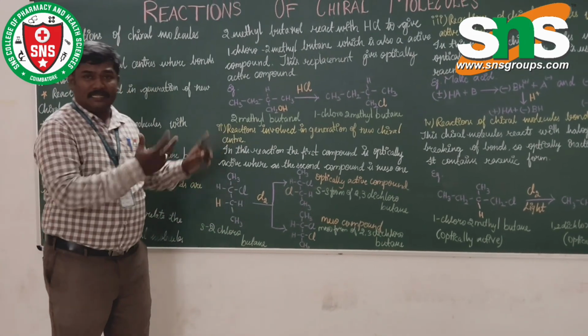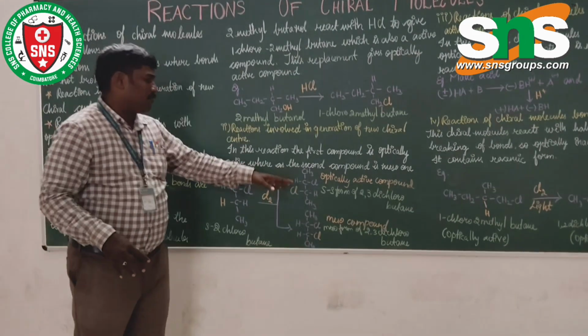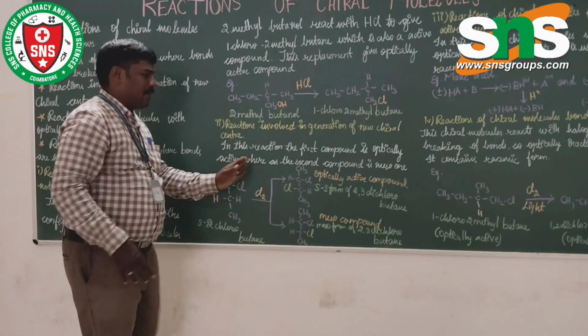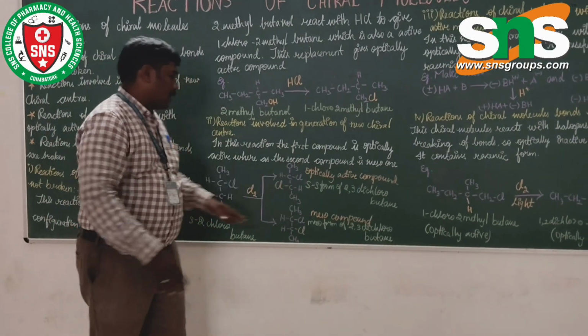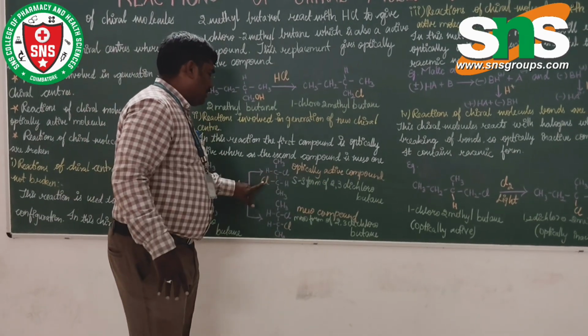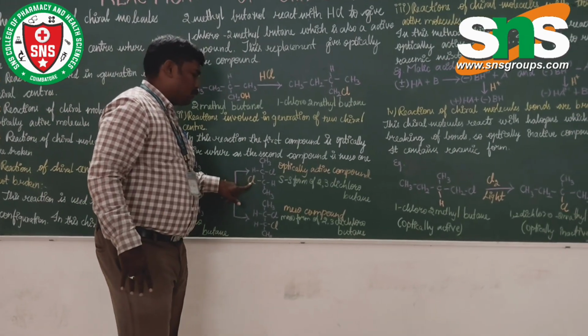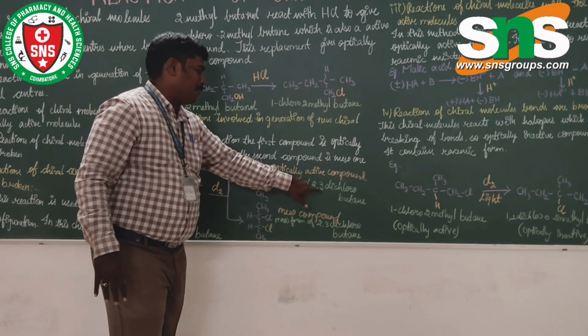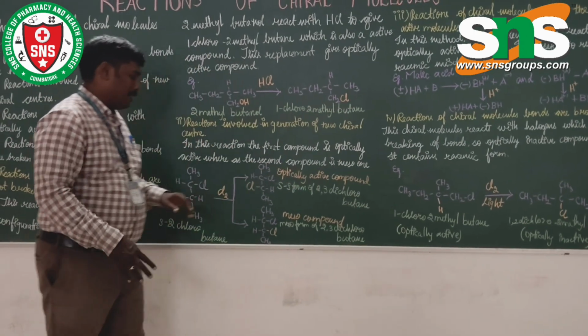On addition of chlorine, one chlorine will take hydrogen, which will be eliminated as hydrogen chloride. So it will give the SS form, with chlorine in the second position and the third position. So it will give SS form of 2,3-dichlorobutane.